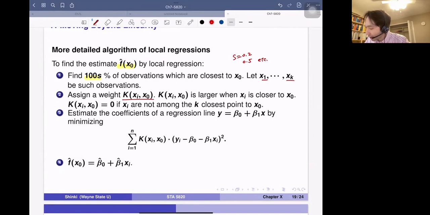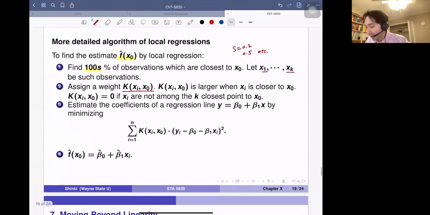K of xi, x naught is larger when xi is closer to x naught, and K of xi, x naught is 0 if xi is not among the k closest points to x naught. Typically K is a function such as a bell curve, exponential of negative xi minus x naught squared over 2.